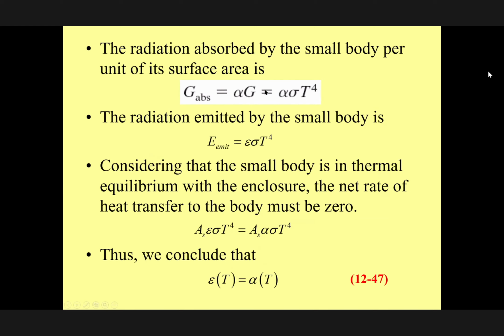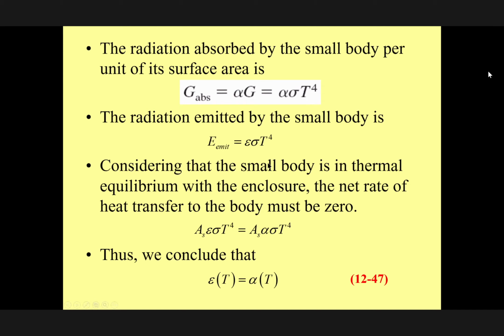Therefore, this is a portion of energy absorbed by the surface. This amount of energy was emitted by the black body, and this portion has been absorbed. Now, since the surface has reached equilibrium at the same temperature, this surface starts to emit back to the bigger surface. This is the amount of energy emitted back.